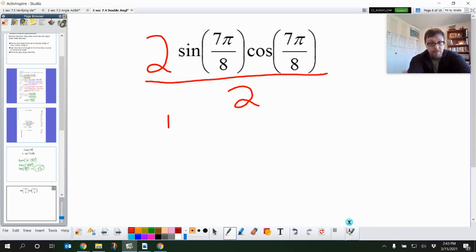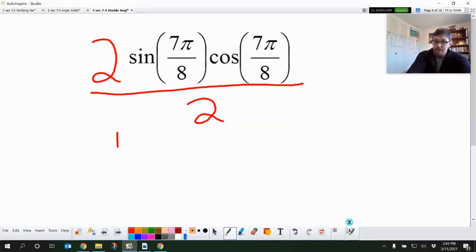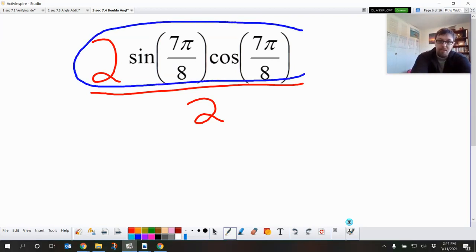and get rid of it. If I multiply by 2 and divide by 2, I've really done nothing to the value of this expression. However, that numerator now is looking real good for being sine double angle. So this is now sine double angle, and then whatever value I get out of my sine double angle, I'll just divide it by 2 when I'm done.